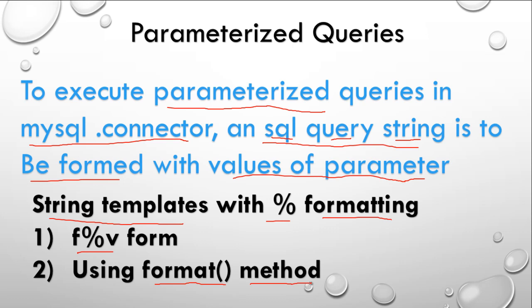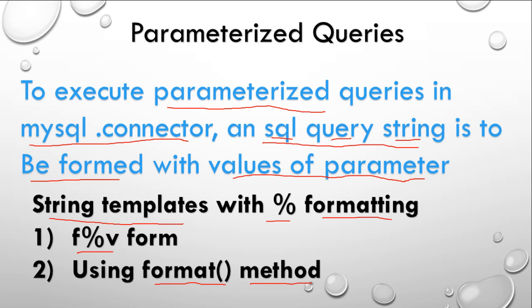The first one, the f%v form, is the older form, and the second one, the format method, is the newer form. We will see both of them, how we can execute a query in f%v form as well as by using the format method.